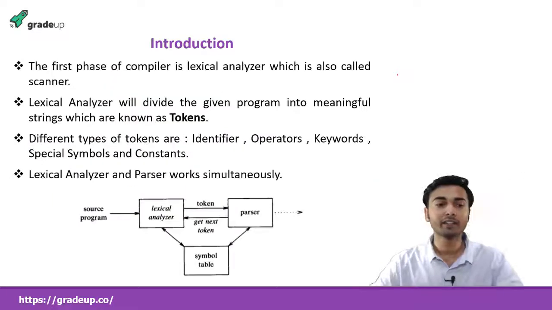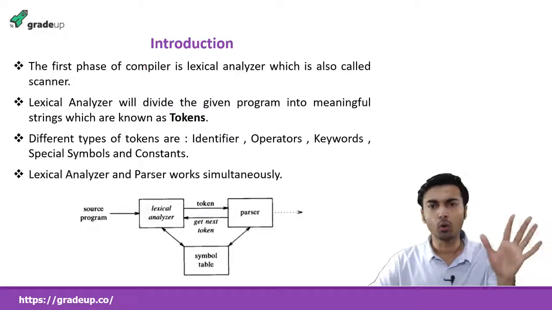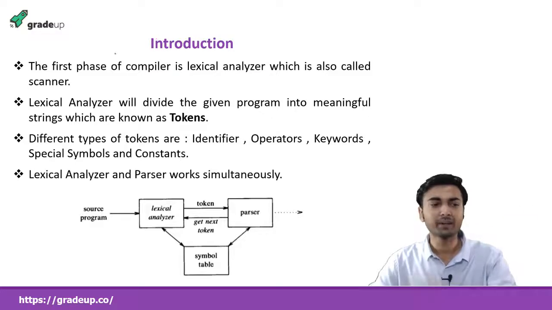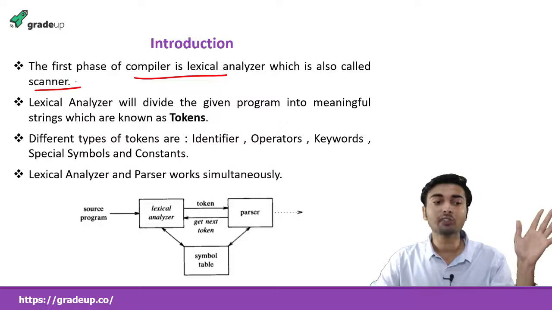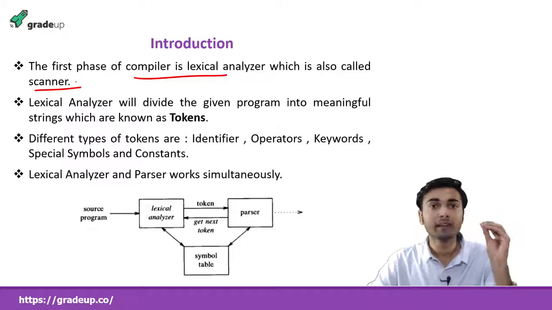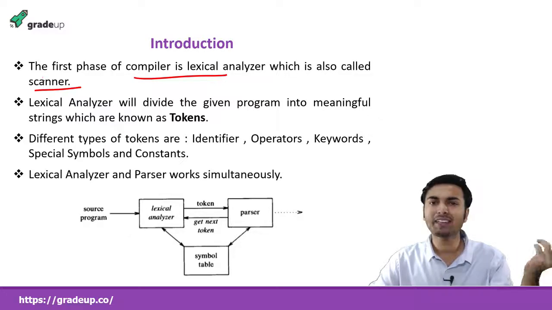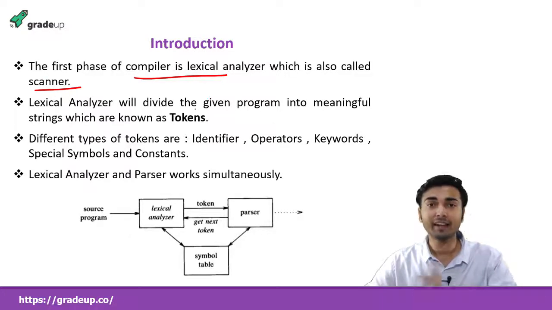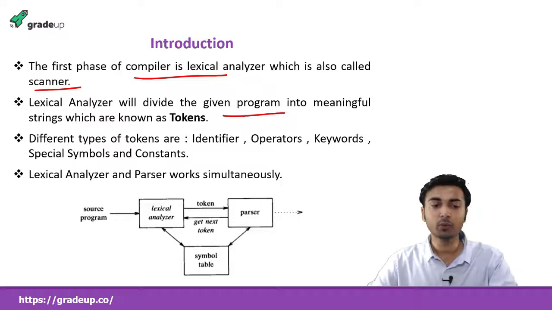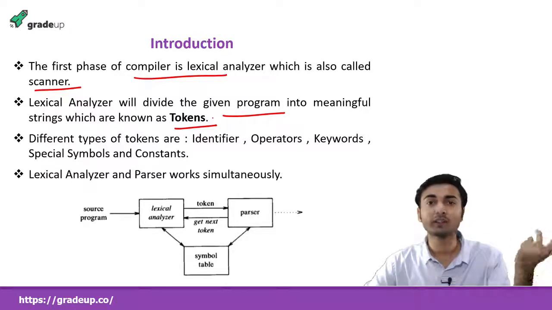Let us start. See, everything now you know. What are the basics of lexical analyzer? The first phase of compiler is lexical analyzer, which is also called scanner. As I said to you, lexical analyzer will scan the whole program, so it's also known as scanner. Lexical analyzer will divide the given program into meaningful strings known as tokens.